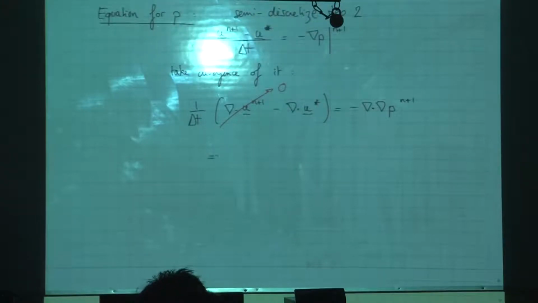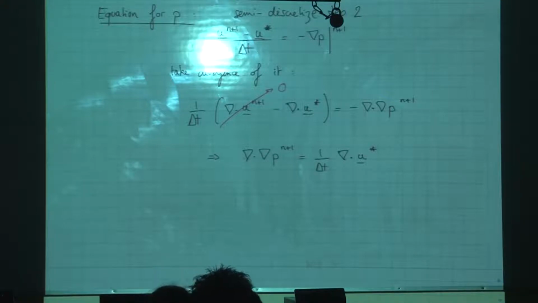Well, essentially it gives us the end of the story, which is the resulting equation for pressure that we're going to be solving. We're going to simply state that the Laplacian of the pressure at n plus 1 is equal to 1 over delta t times the divergence of this intermediate velocity field u star. So we took a first step that took us out of the subset of divergence-free velocity fields. We get this u star. It has a non-zero divergence.